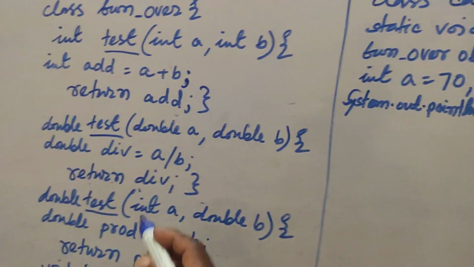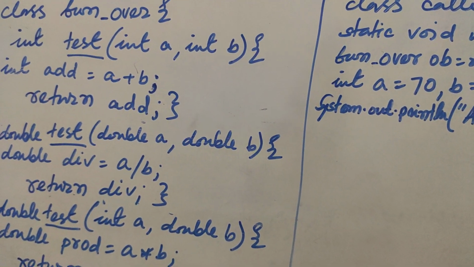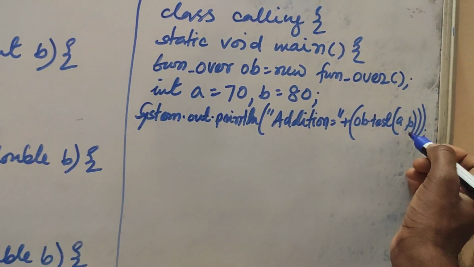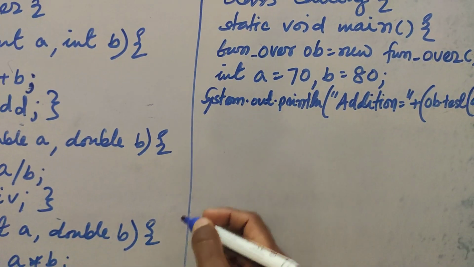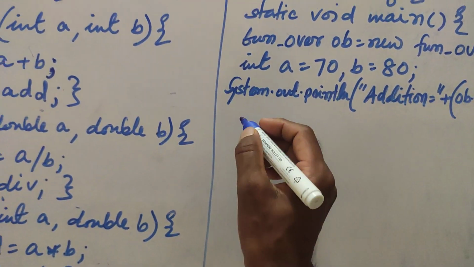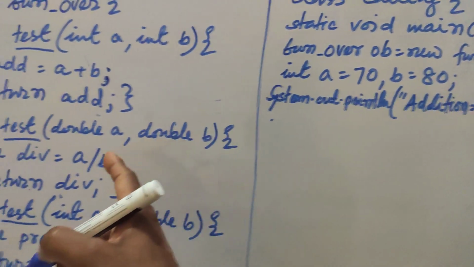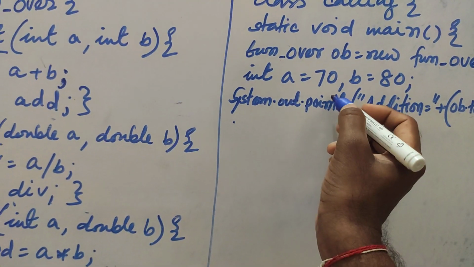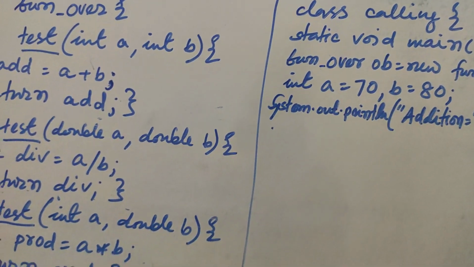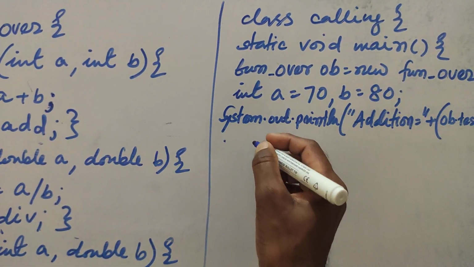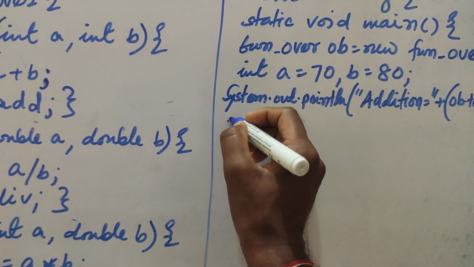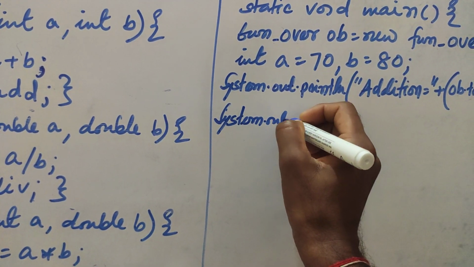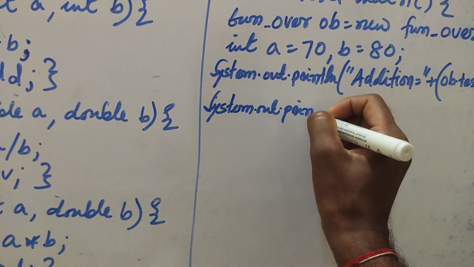That way, if I want to call this without a variable, if I want to put a direct value here, this is also allowed. How? In System.out.print, there is no need to declare the value first, meaning the value need not be passed to a variable. Directly we can place it using system dot out dot println.